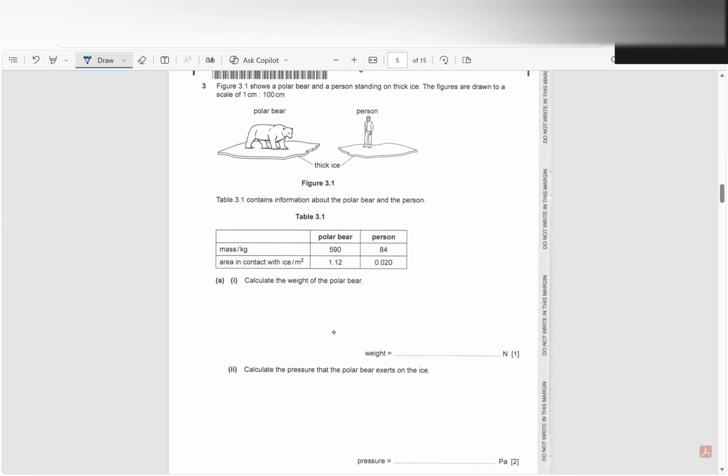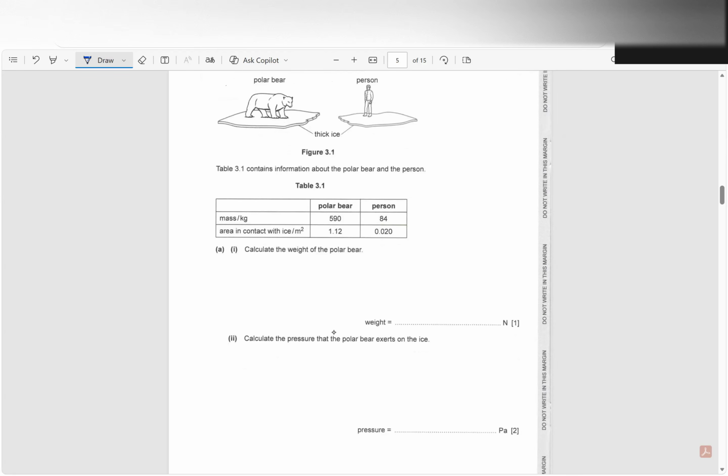Table 3.1 contains information about the polar bear and the person. We can see the diagram here. We can see the table here. And part A is asking us to calculate the weight of the polar bear. We can do that, right? Because the table is already giving us the mass of the polar bear.